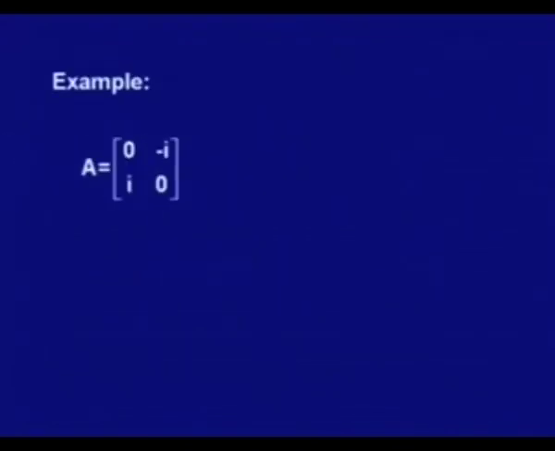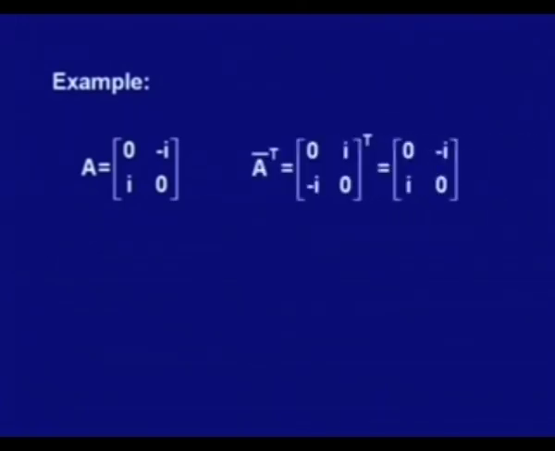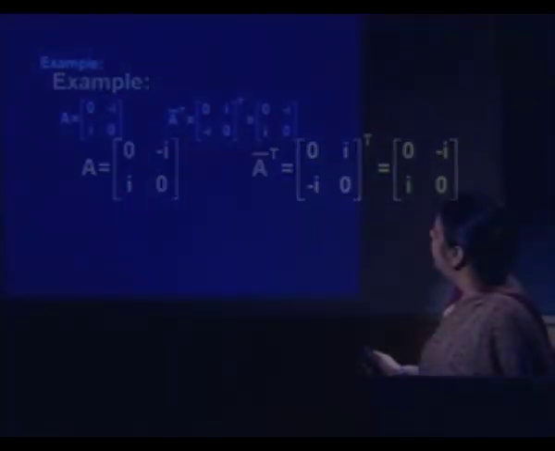Now, the example which I am considering here is a complex matrix A, 0 minus i, i 0, a 2 by 2 matrix. When we form A bar transpose, this 0 remains 0, but minus i becomes i here, and i becomes minus i.